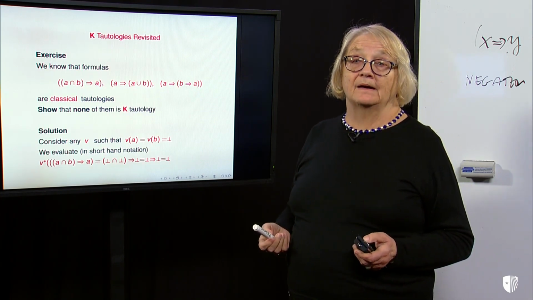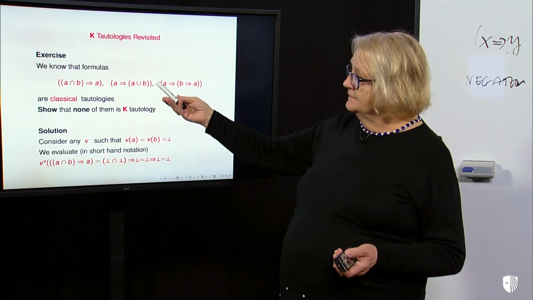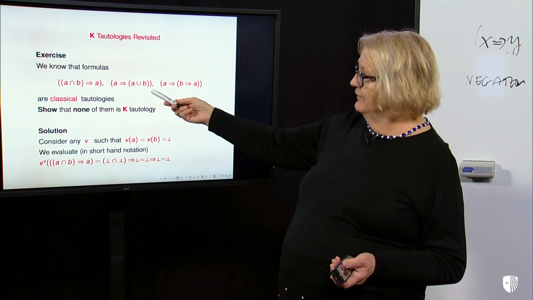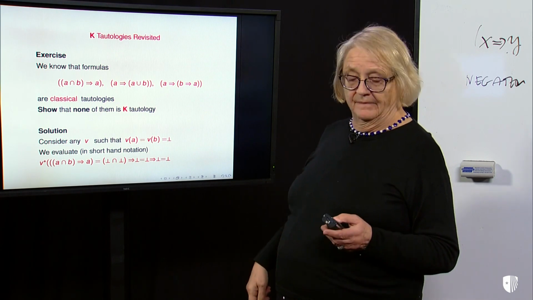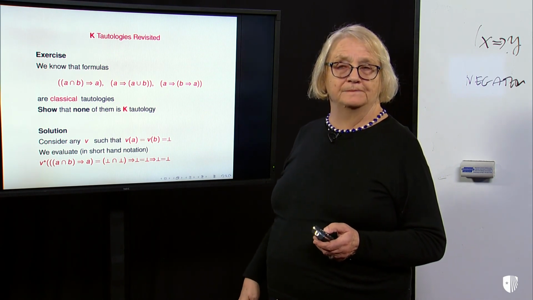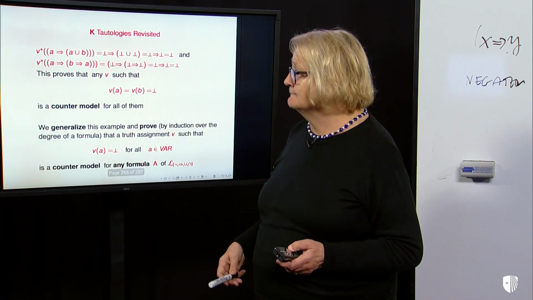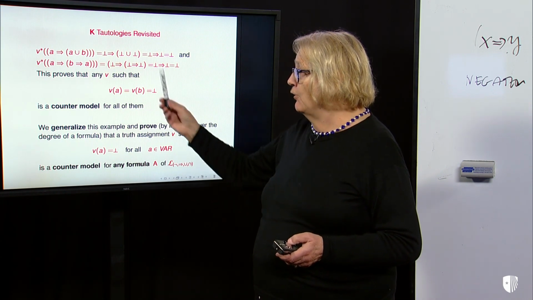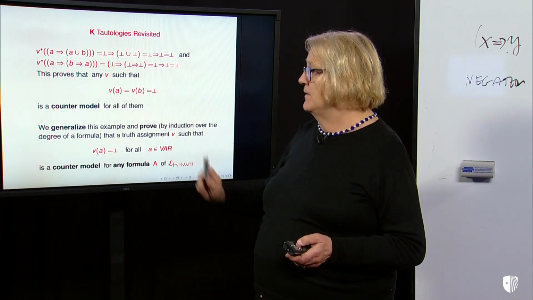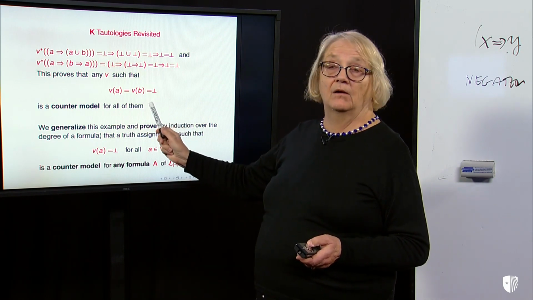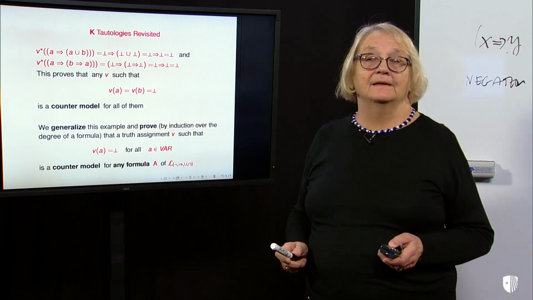And now let's look at this. You have a classical tautology, and none of them is a Kleene tautology. So then you can say that for all of them, A and B unknown is always a countermodel.